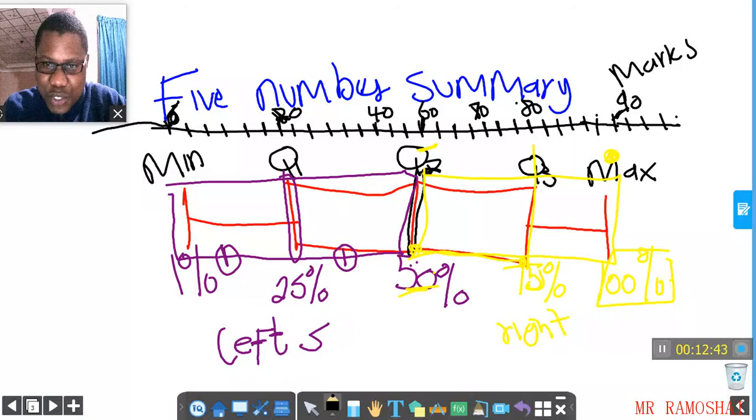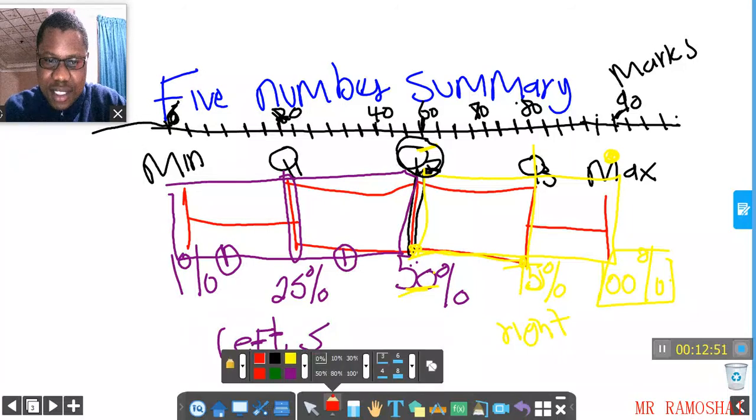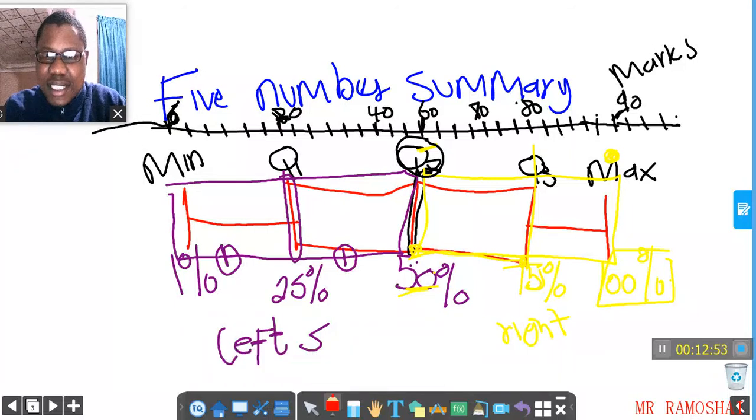You look at quartile 2. Then in terms of the marks, our middle value here is 60. That divides our data into 2 equal parts. Listen to what it means.